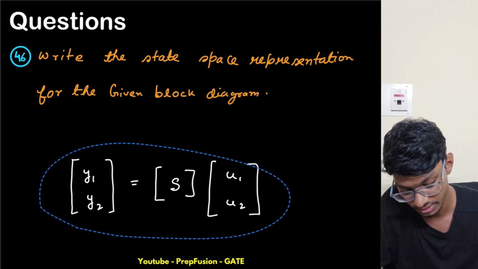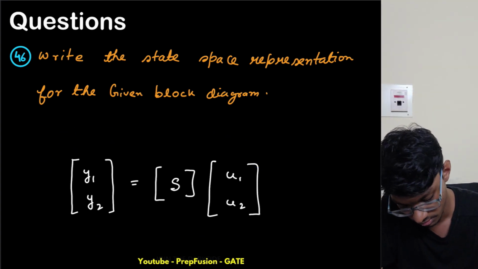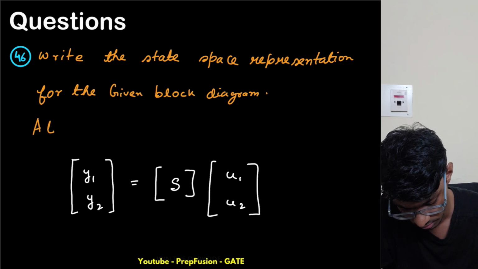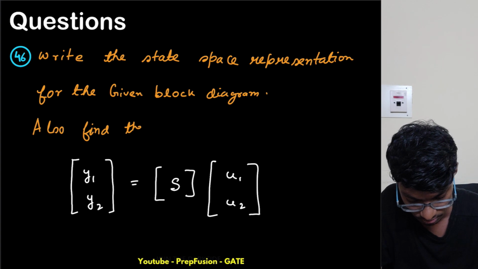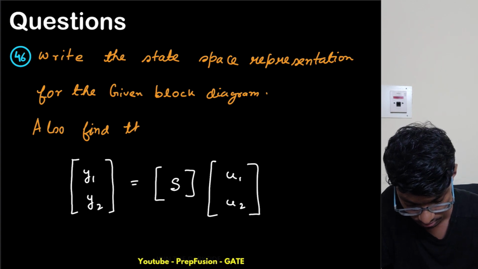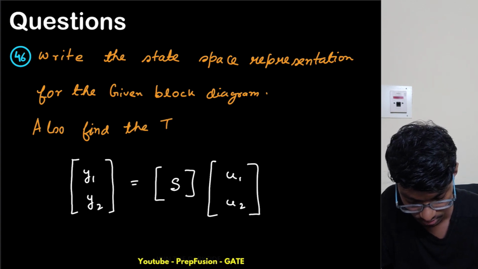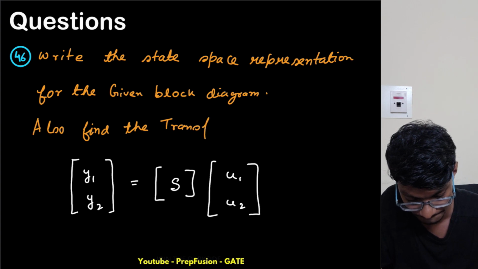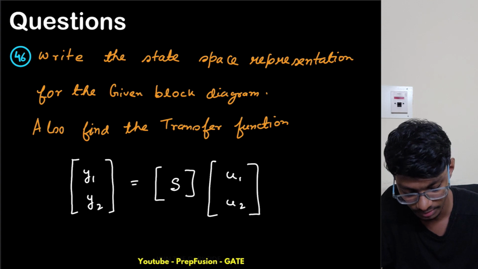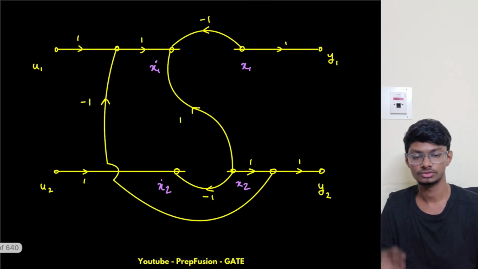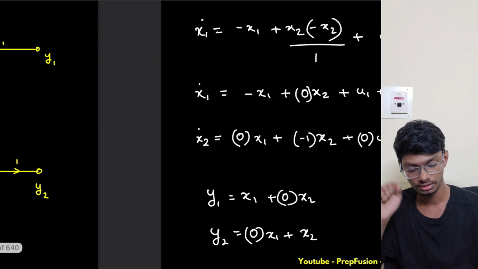State space representation, also find the transfer function. Now by transfer function they mean the transfer function matrix, as it will have 4 transfer functions. Why?